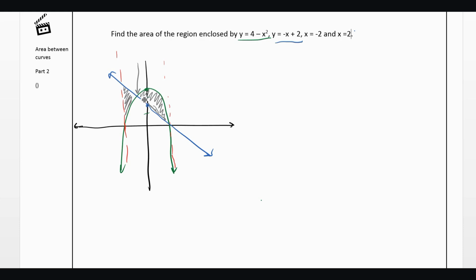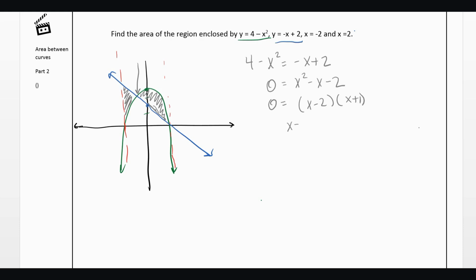Now, we need to find where they intersect. So to do that, we're going to set 4 minus x squared equal to negative x plus 2. Now, if we get everything on the right-hand side, we'd have 0 equals x squared minus x minus 2, which factors as x minus 2 times x plus 1.